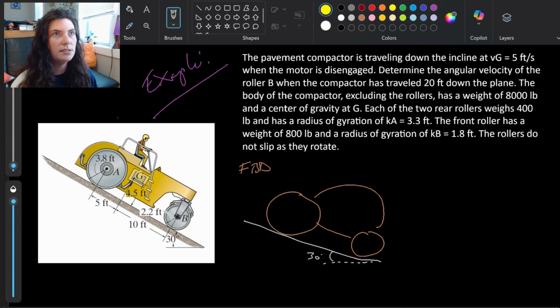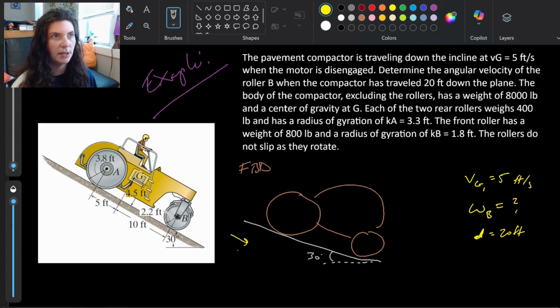They told us that, put this on the side, the initial velocity of Vg is 5 feet per second, then the motor's disengaged. We want to find the angular velocity of B when the compactor has traveled 20 feet. So omega B equals question mark, and the distance is 20 feet down the plane.